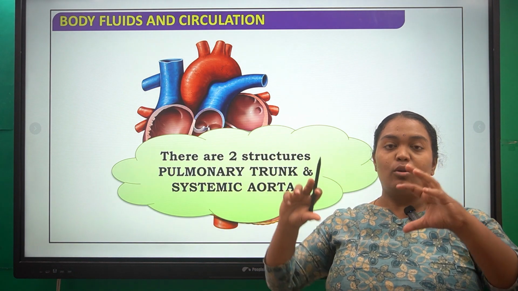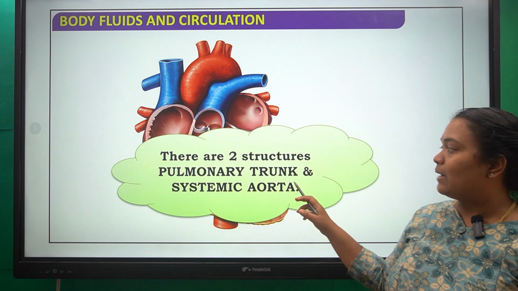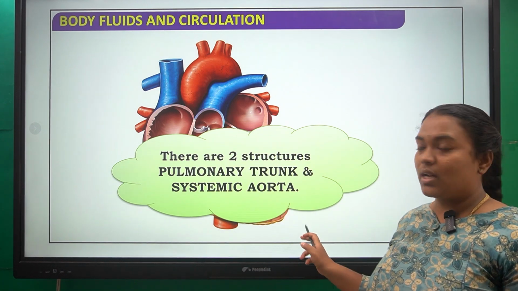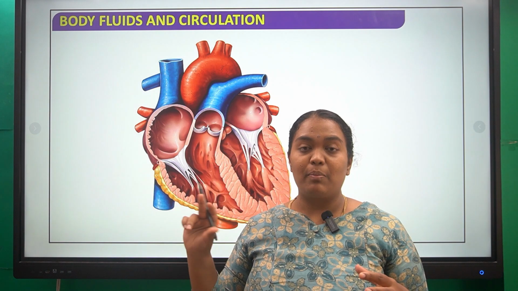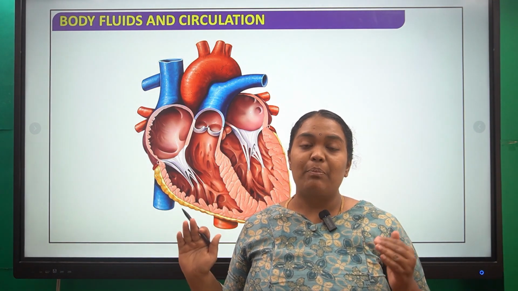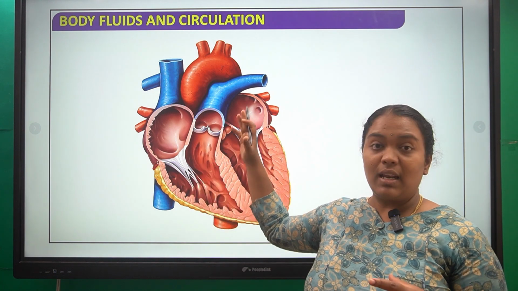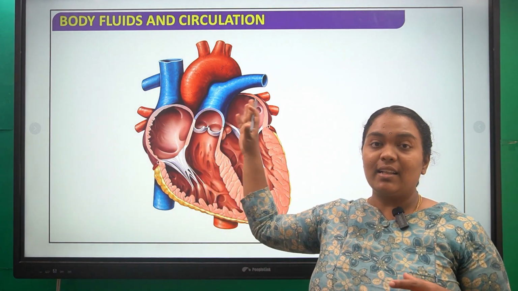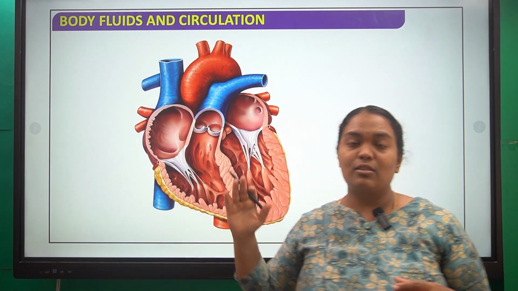The atrium opens into two pipes, the pulmonary trunk and the systemic aorta. Why pulmonary trunk? Anything related to the lungs is called pulmonary.